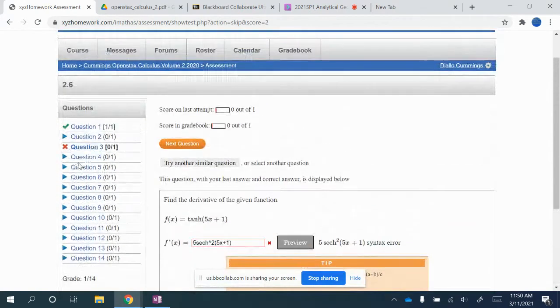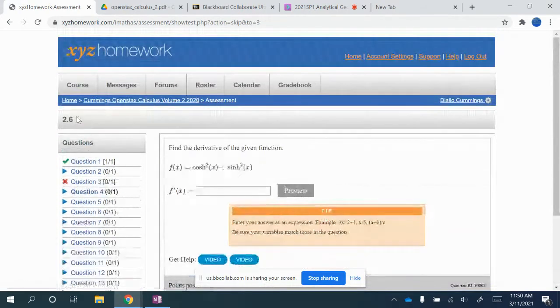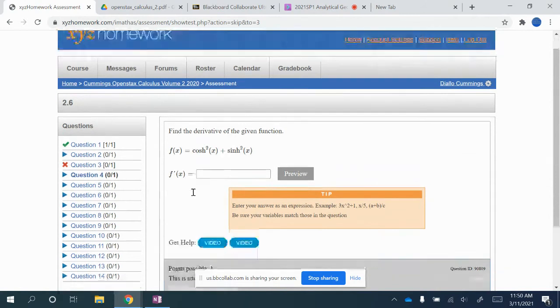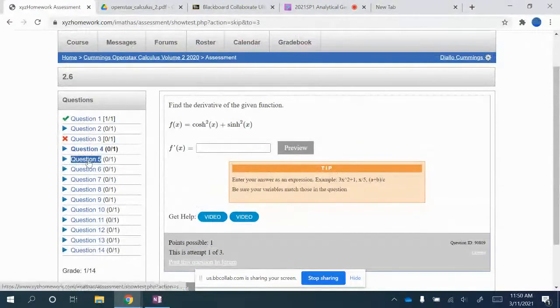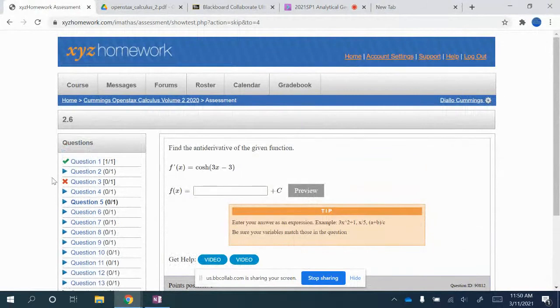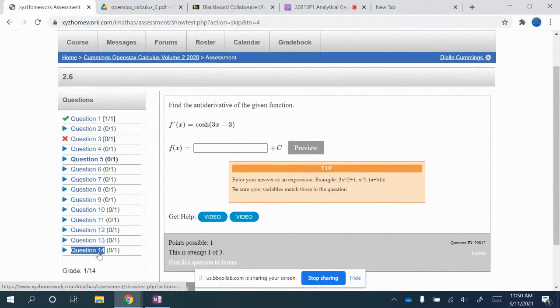All right, now as far as the rest of the problems are concerned, and this is one thing I have noticed. Okay, well, not the rest of the problems. Problem number 5 through 14, you're asked to find the antiderivative or the integral.